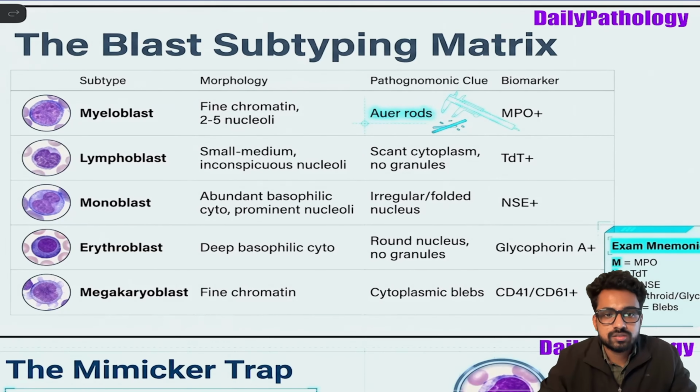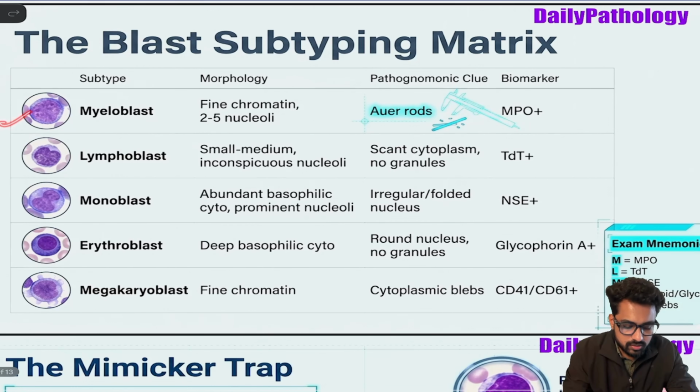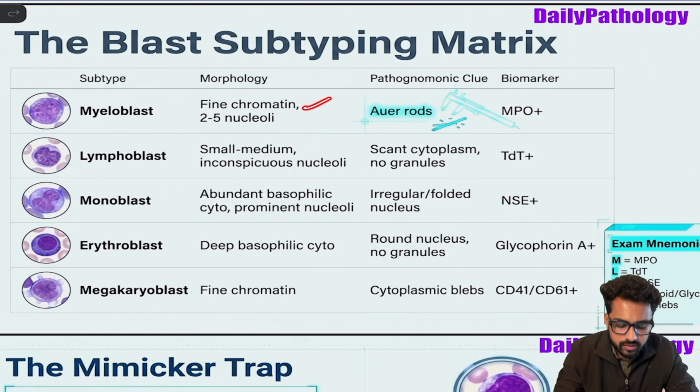Next is subtyping of the blast. What are the various blasts you can see on peripheral smear? These include myeloblast, lymphoblast, monoblast, erythroblast and megakaryoblast. These are some important clues for you to identify these cells. On morphology, myeloblast has fine chromatin and 2 to 5 nucleoli, as we discussed earlier.